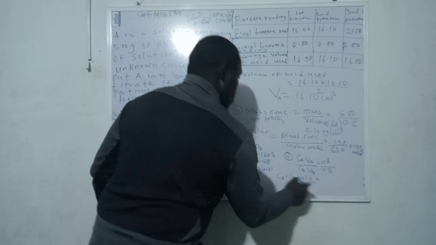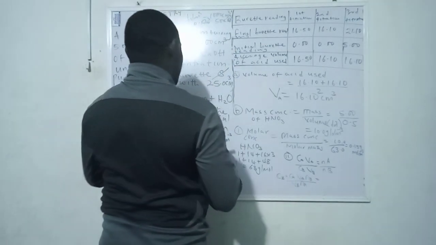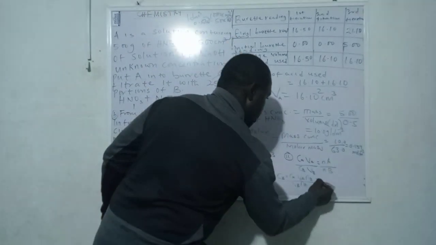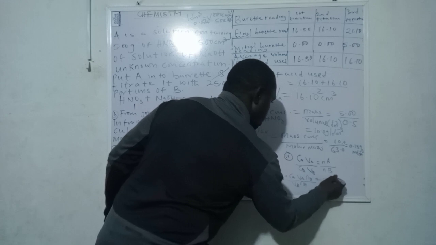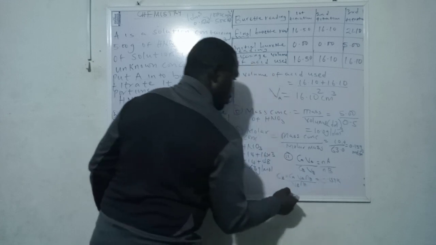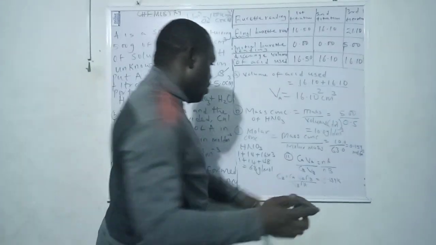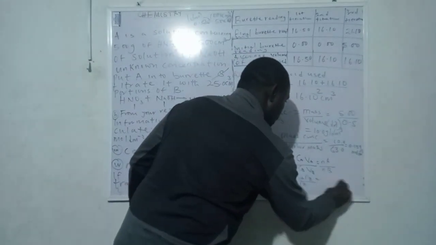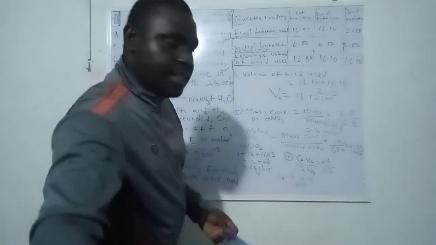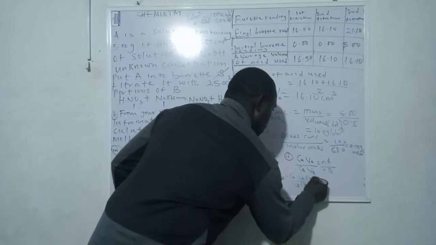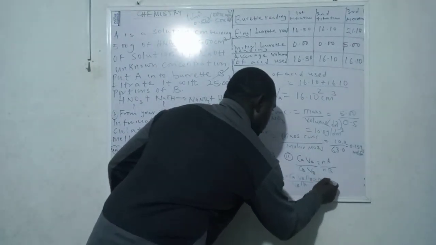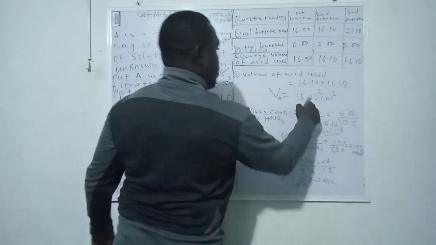So what's my Ca? The concentration. That's what I just got now, and that's 0.159. What is my Va, the volume of the acid? It's on the board already. The volume of the acid, we just did that a while ago, so it's on the board, 16.1.